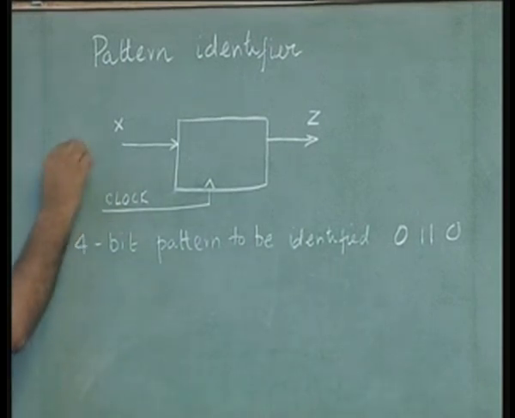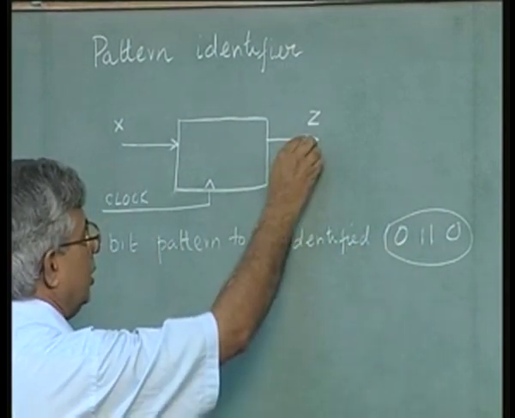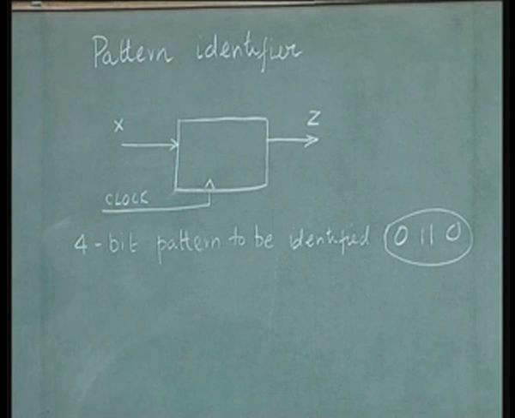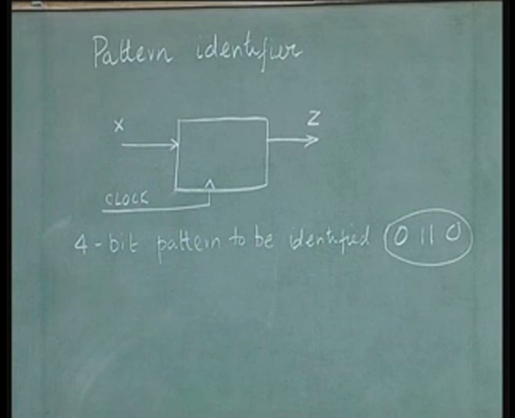Now, as the bits keep coming, whenever this pattern occurs, output Z will go 1 along with the last 0 of that pattern.